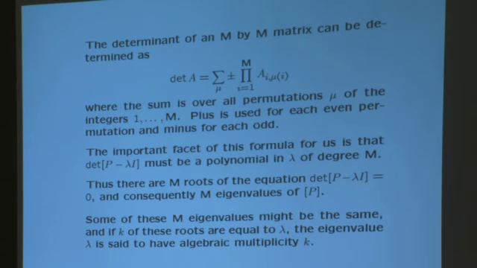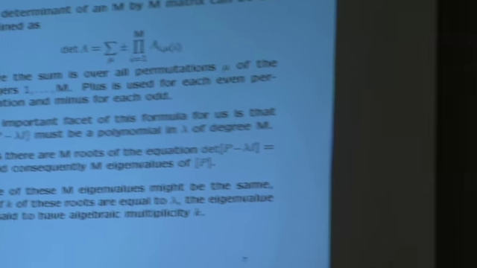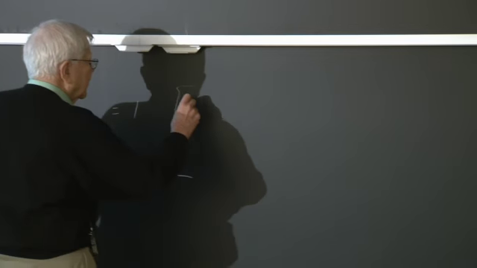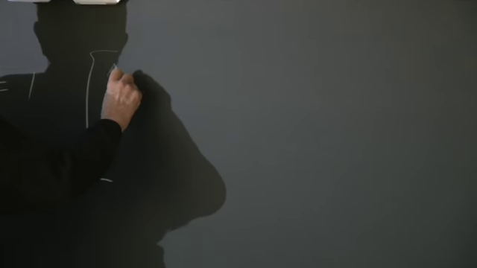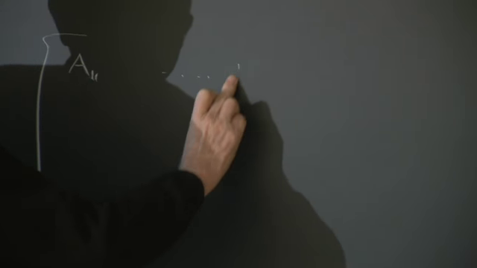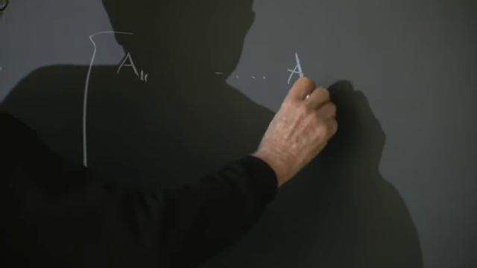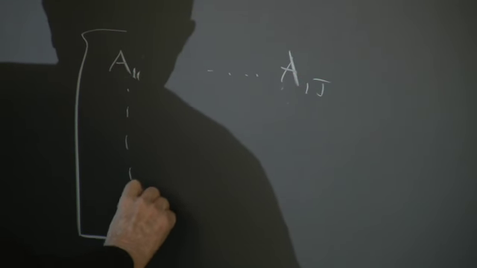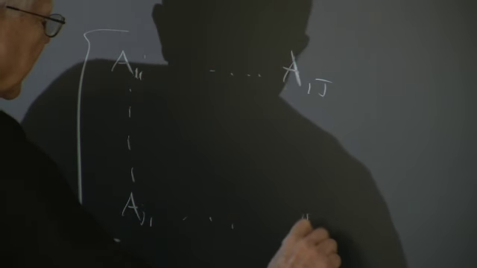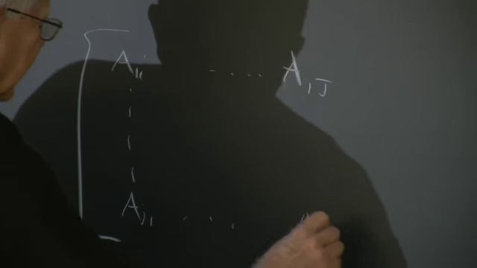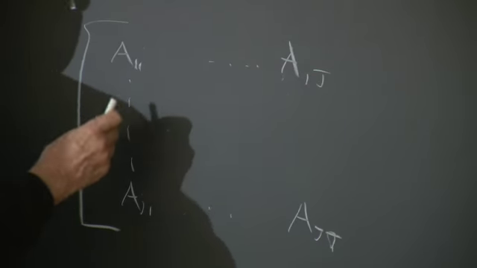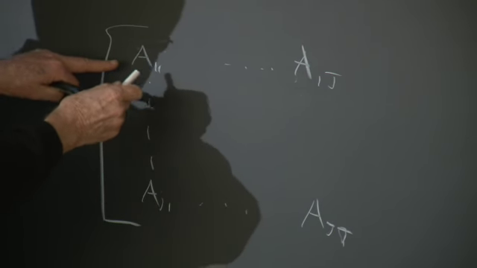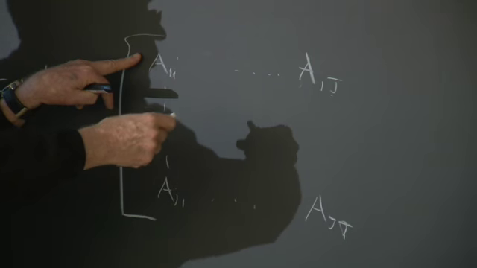So we're taking a matrix with all sorts of terms in it, A11 up to A1j, down to Aj1, up to Ajj. These permutations are ways of selecting one element from each row and one element from each column.